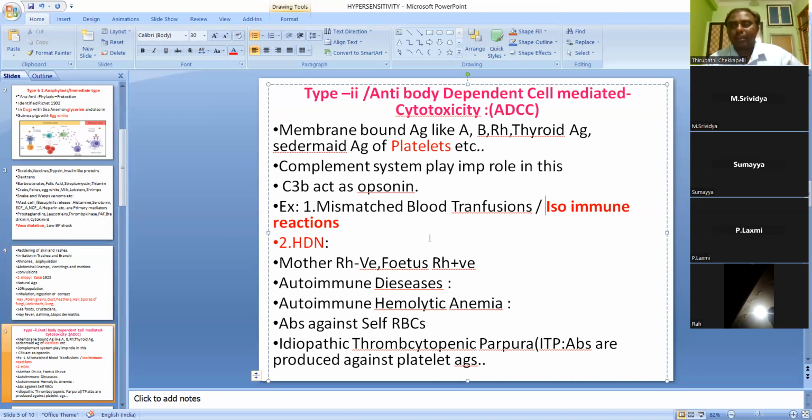But if the blood received from a donor is not similar to the receiver's antigen type, then isoimmune reactions take place. Here antigen A and antigen B are isoimmune antigens.